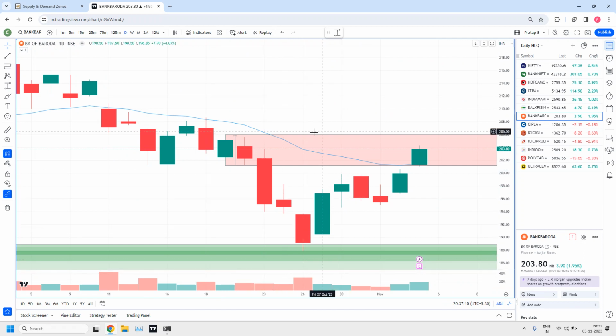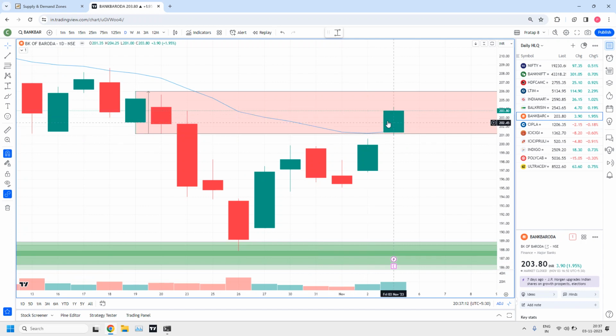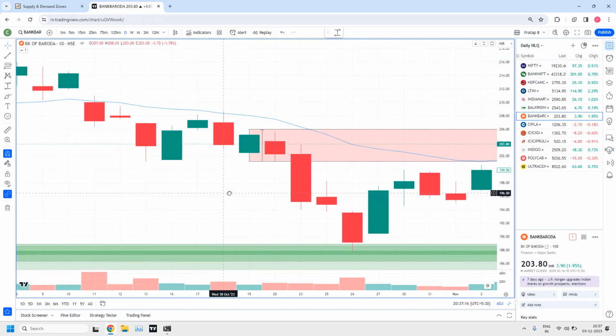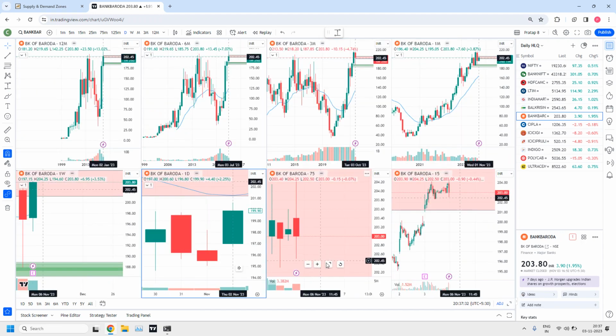Then you will understand. This is till yesterday. Is it a fresh zone? Yes. If it is a fresh zone, because this is a high liquidity supply zone, we always select a fresh 75 minutes zone inside this. So let us go to the 75 minutes.